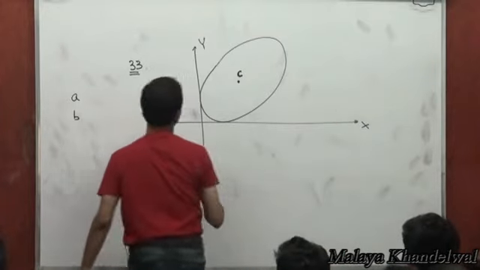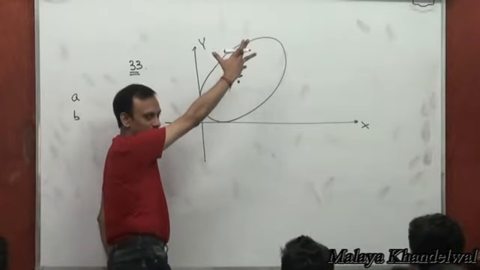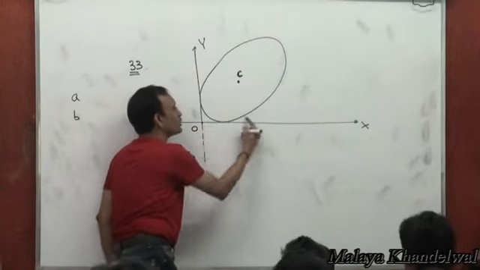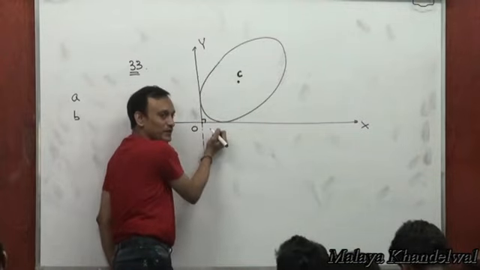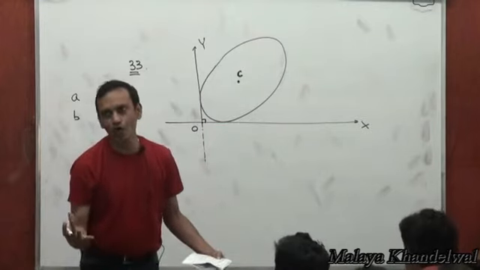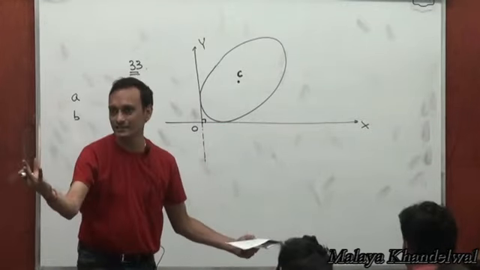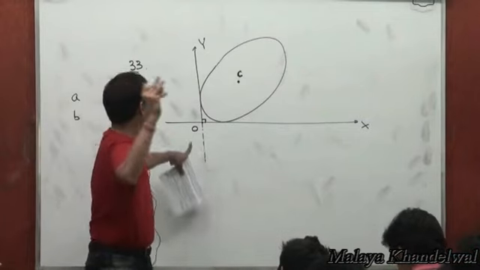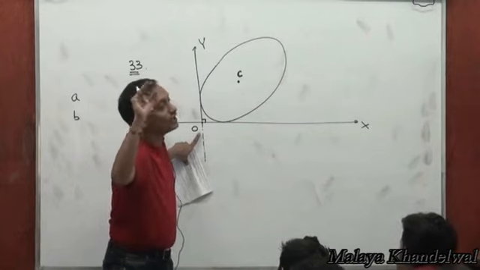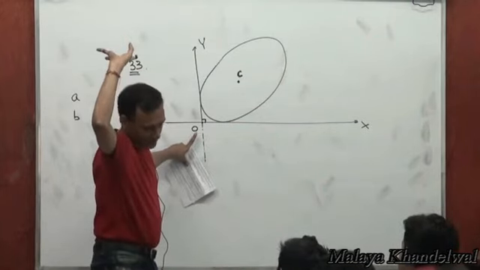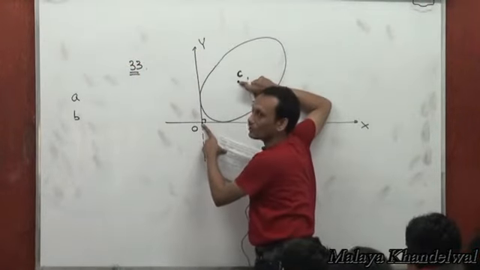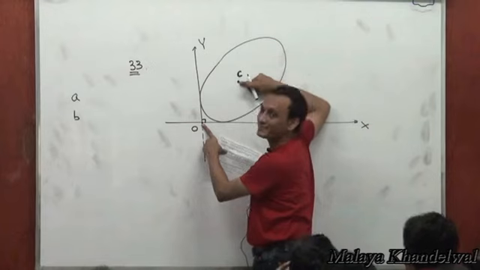Now, one thing for sure, no matter what the orientation of the ellipse is, from the origin O, the two tangents drawn to the ellipse will always be perpendicular to each other. That means this O always lies on the director circle of whatever orientation the ellipse has. That means the distance from O to C will always be the radius of the director circle.